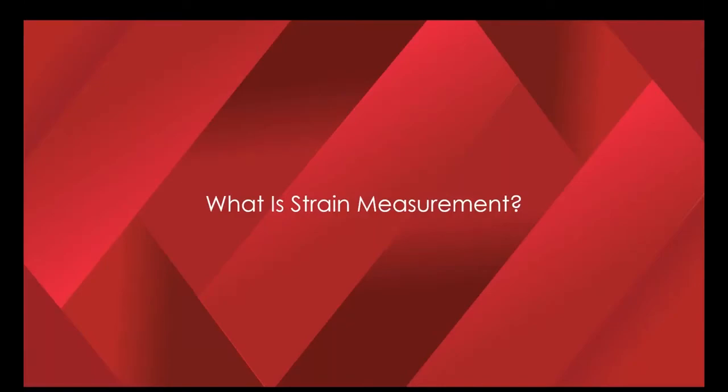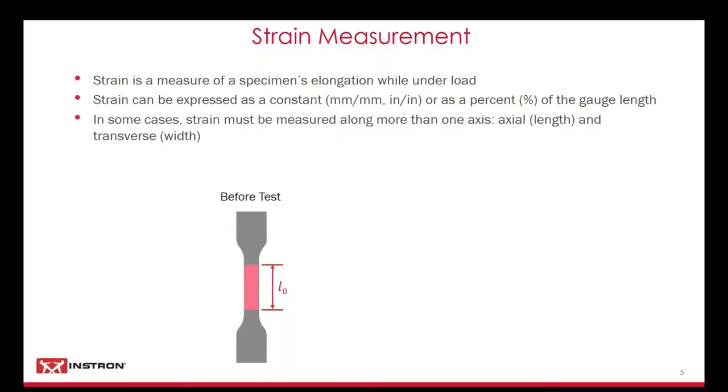So what is strain measurement? Many of you are aware that strain is a measure of the specimen's elongation while under load. It can be expressed as a unit length per unit length, so millimeters per millimeter. It could also be shown as a percentage of the initial gauge length. In some cases, strain can be measured along more than one axis.